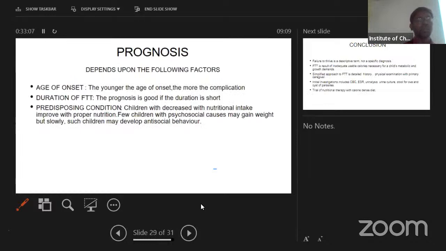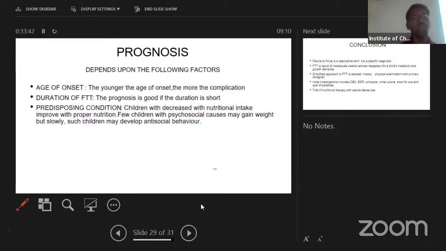And prognosis. Due to sudden increase of the energy. Prognosis depends on the following factors: age of onset.